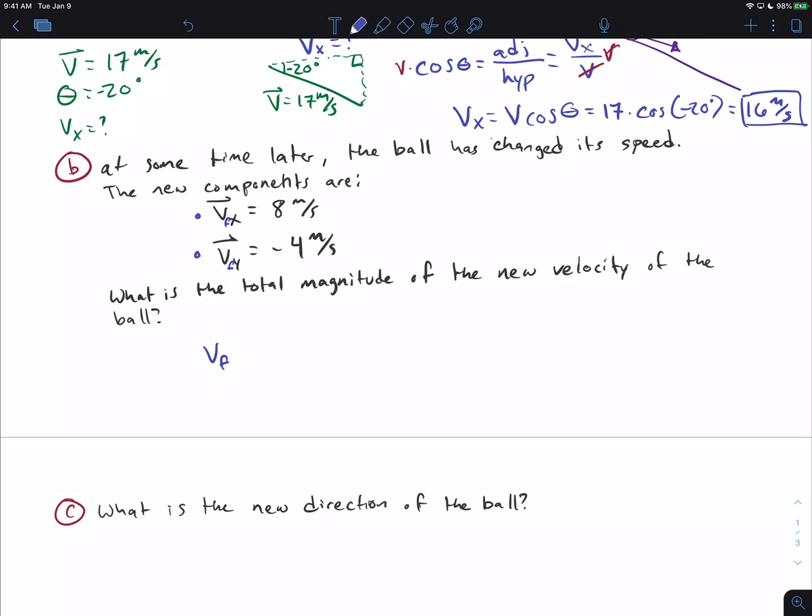What is my new vector V final? Essentially, I know V final x is 8, to the right, and for y it's downwards because it's negative. So my V final in the y direction is negative 4.